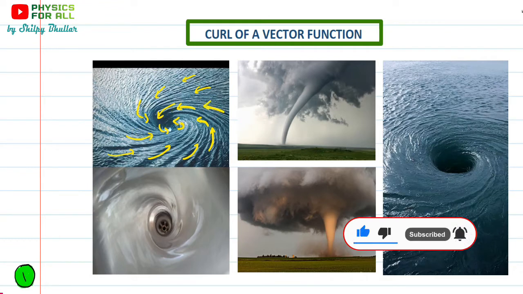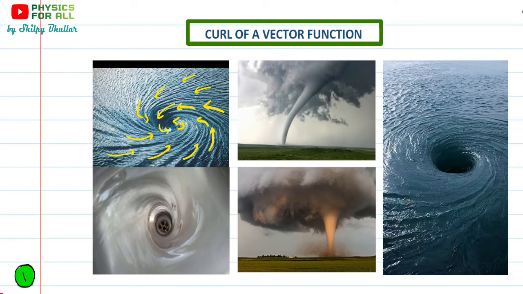They are rotating. Same here in this pic. See, the vectors are coming and they are just curling inwards. They are rotating, right? So this is a clear real life example of curl of a vector function.